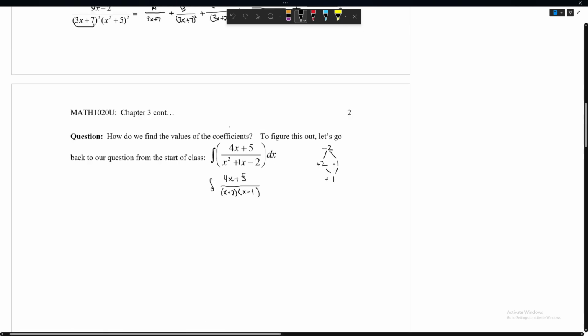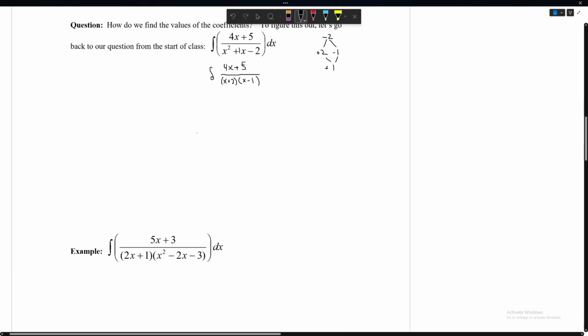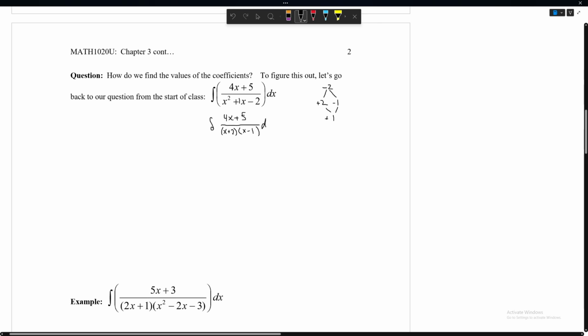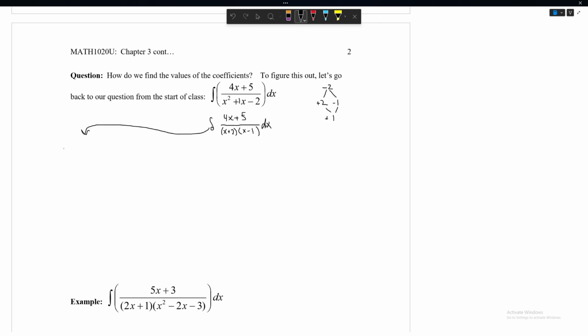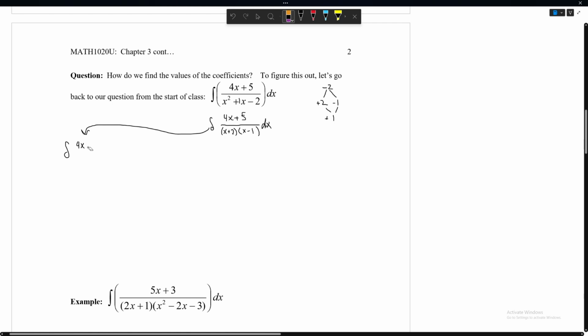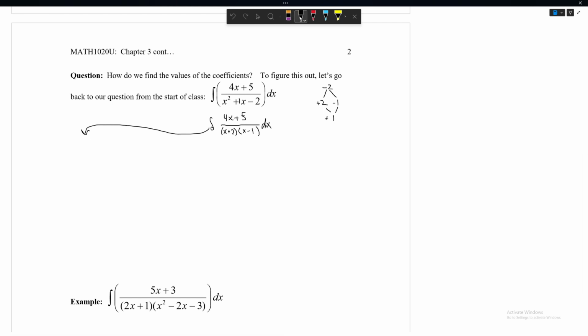You see, now it's in the format that we've been seeing right here. So what I'll do is, I still have my dx. I'll say now I'm going to continue this here. Actually, sorry about this. You don't say the integral right now. We're not trying to integrate it. We're trying to simplify it in a way so that we can integrate.